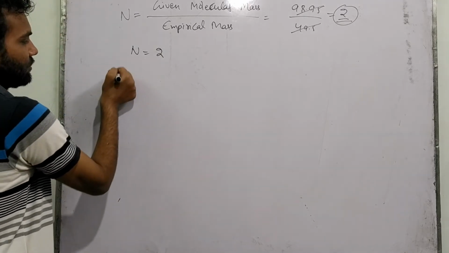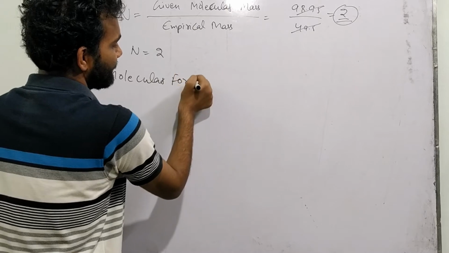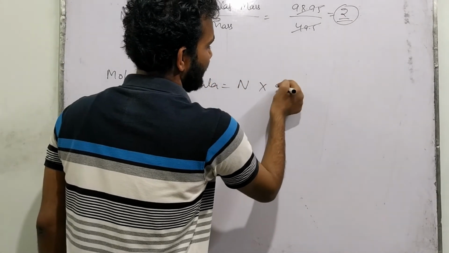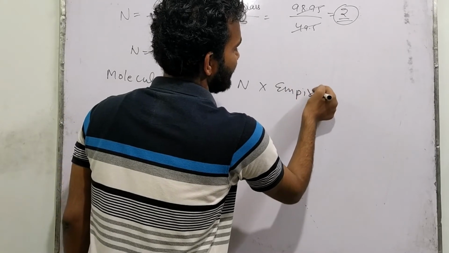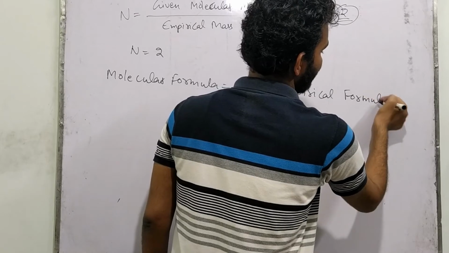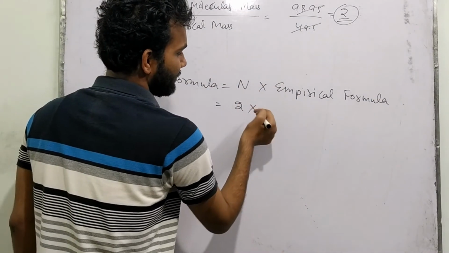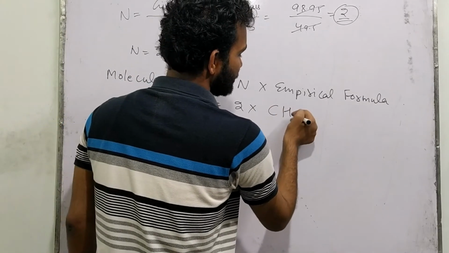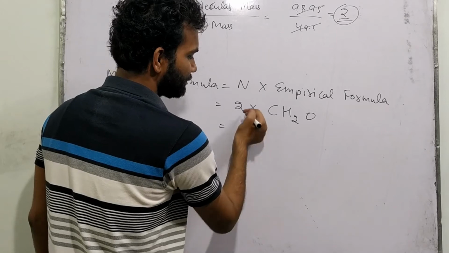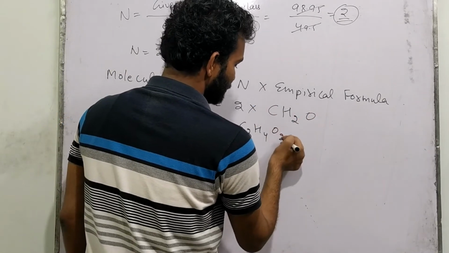Now to calculate molecular formula, N multiplied by empirical formula, that is 2 multiplied by CH2Cl. So if you multiply 2 1 the 2, C2, 2 2 the 4, H4, 2 1 the 2, Cl2.